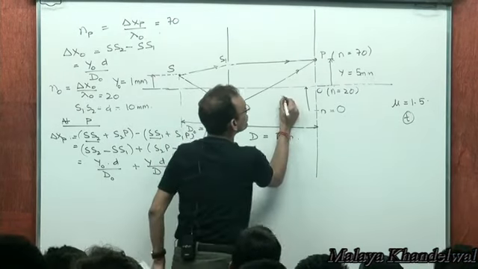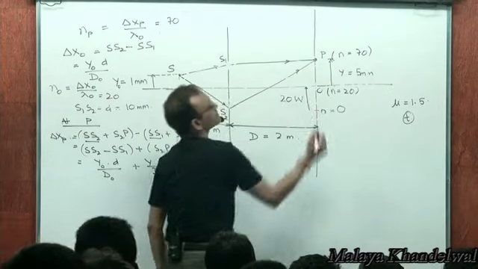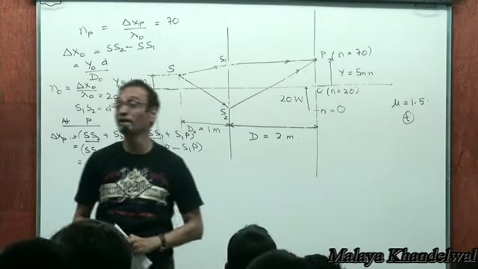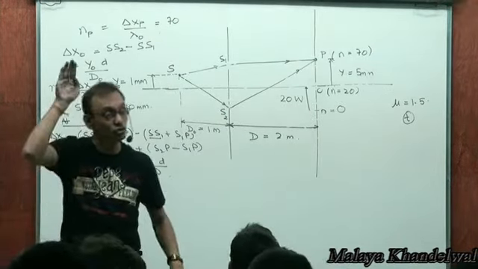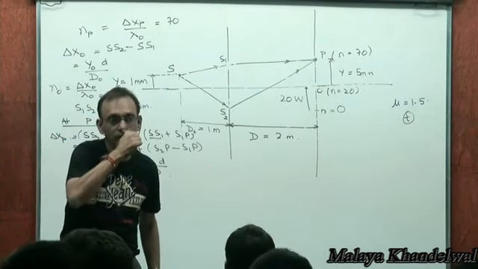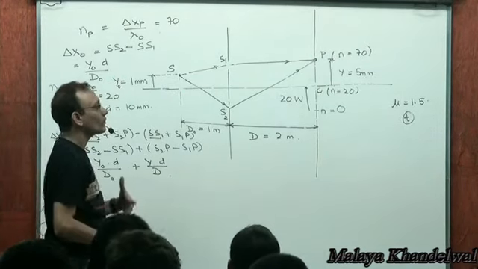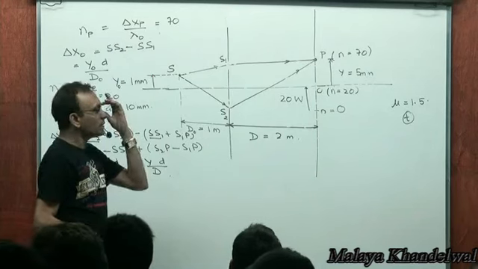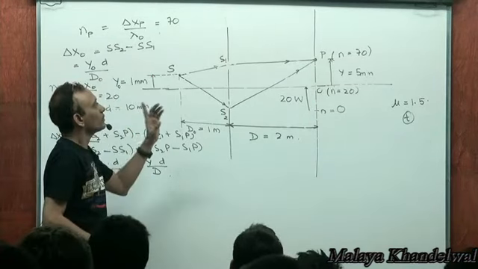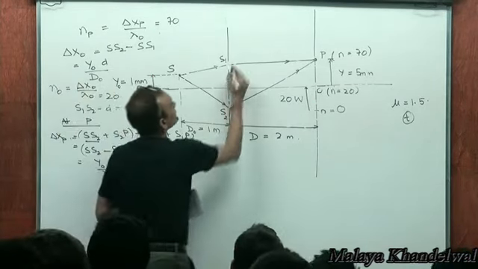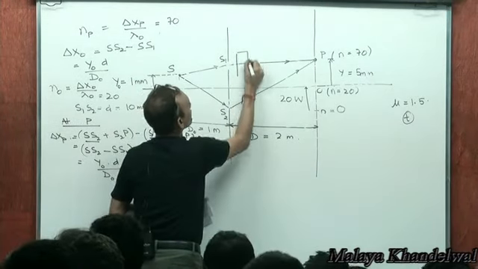So 20 times W is the vertical shift that I'm trying to produce. That means I must place it right in front of S1.